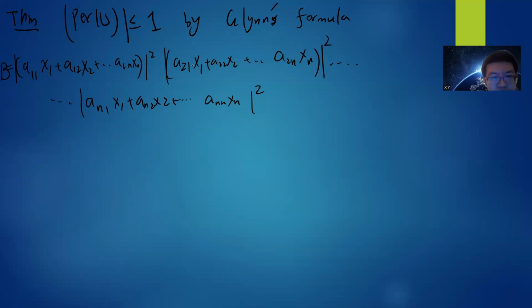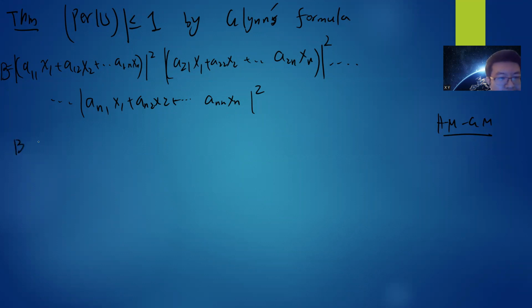You have a product of numbers, so the natural inequality is the arithmetic mean versus geometric mean inequality, the AM-GM inequality. The geometric mean is less than or equal to the arithmetic mean.